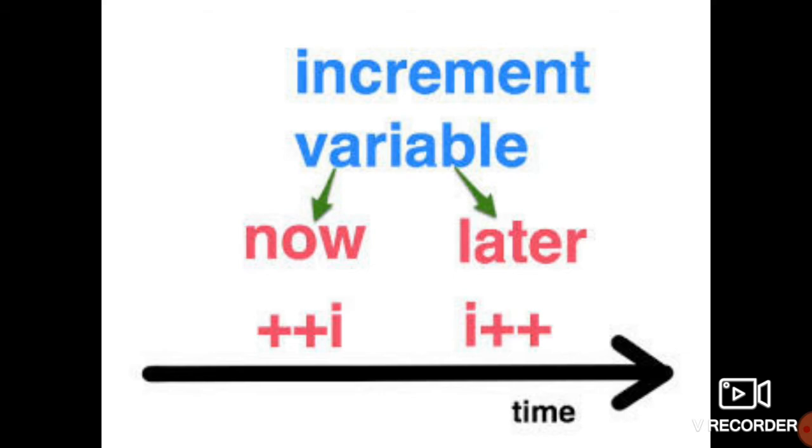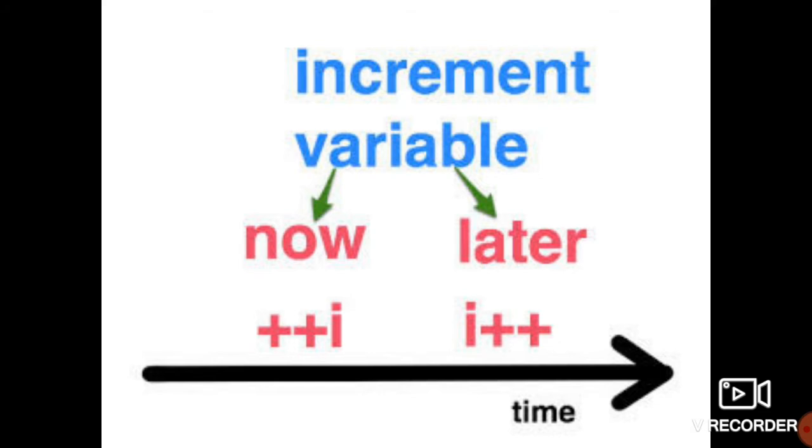Now increment and decrement variables. As I have told you, if plus plus is placed before a number, we have to first add to the number and then use the number. Post means the operator is placed after the number.